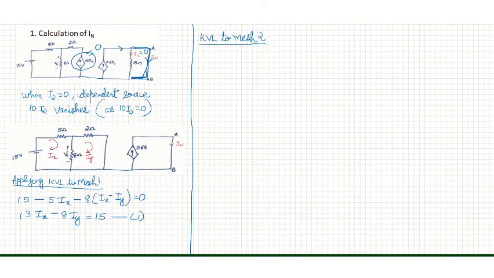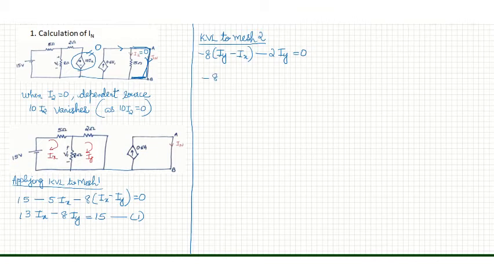Next step is to apply KVL to mesh 2. The equation will be minus 8 into (iy minus ix) minus 2 into iy equal to 0.